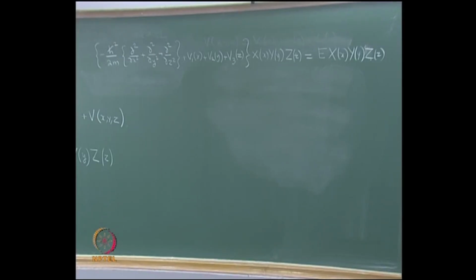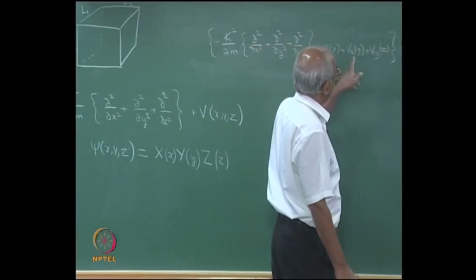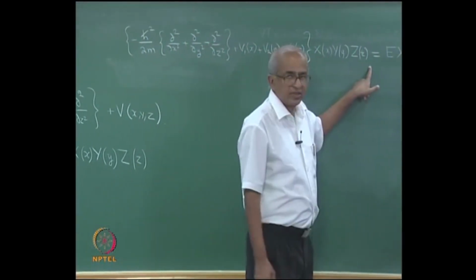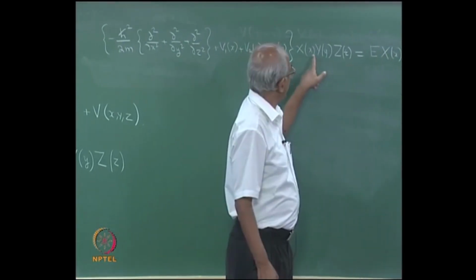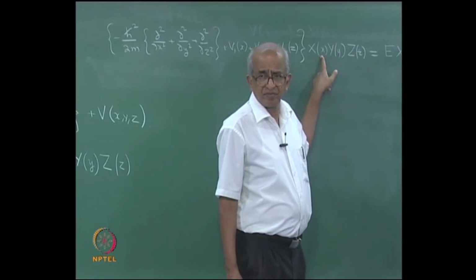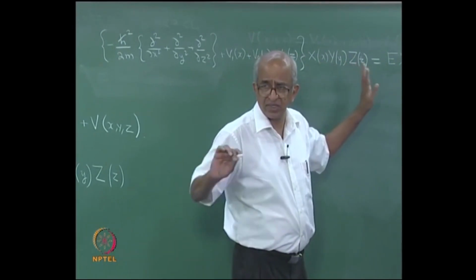Now if you look at dou square upon dou x square, it is going to operate upon this product, but in that product only capital X depends upon small x. Capital Y and capital Z do not depend upon small x.